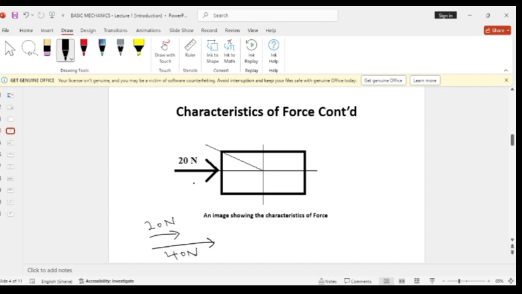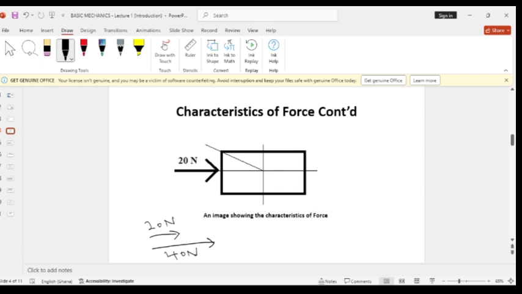Then the second one: it has direction. Mostly when it comes to force representation, the arrowhead shows the direction in which the force is being applied. So in these two examples, the 20 newton magnitude and the 40 newton magnitude, the direction of these forces is towards the right.